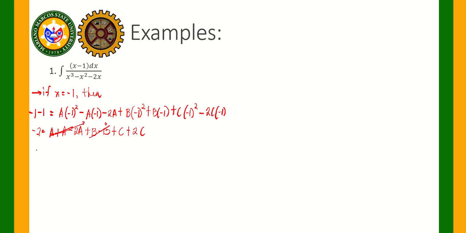B minus b, 0. So we are left with negative 2 is equal to 3c. So dividing both sides by 3 to solve for c, then negative 2 over 3 is equal to c. So we already have solved for the values of a, b, c using method 1, which is assigning values for x. Now we try method number 2.